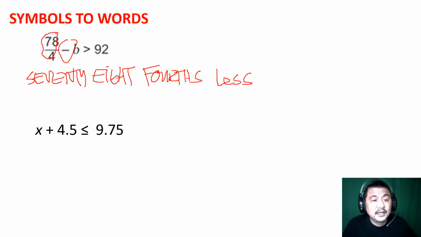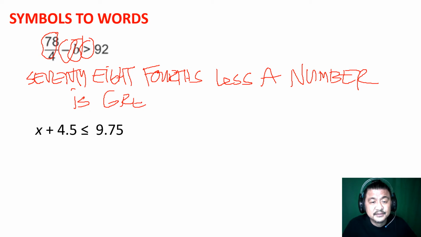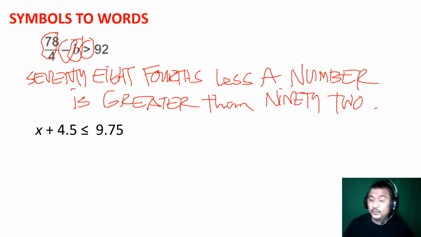Less. And do you know the value of B? A number. Less a number. How do you call this symbol? Is. Always include the word is. Greater than 92.